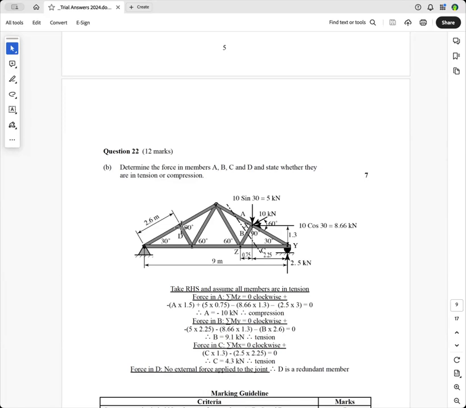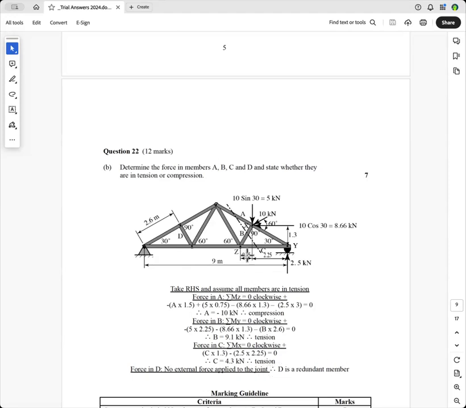Now, straight away, member D, you know, is a redundant member, because if you did a force diagram here, you would have the force going up, then the force going back, and then this force here would have to be a point on the line. So therefore, there's no force in that member. It's a redundant member. And that's all you need to do here. Force in D, no external force applied to the joint, therefore D is a redundant member.